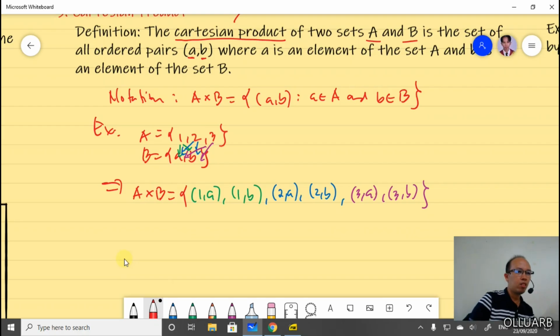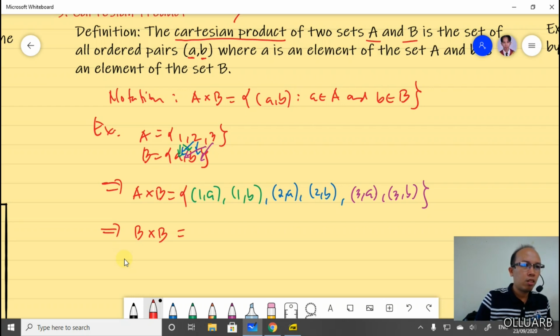You will get B times A. But what is B times A? All you have to do when you get B times A is to reverse, that is, you have to interchange the coordinates.